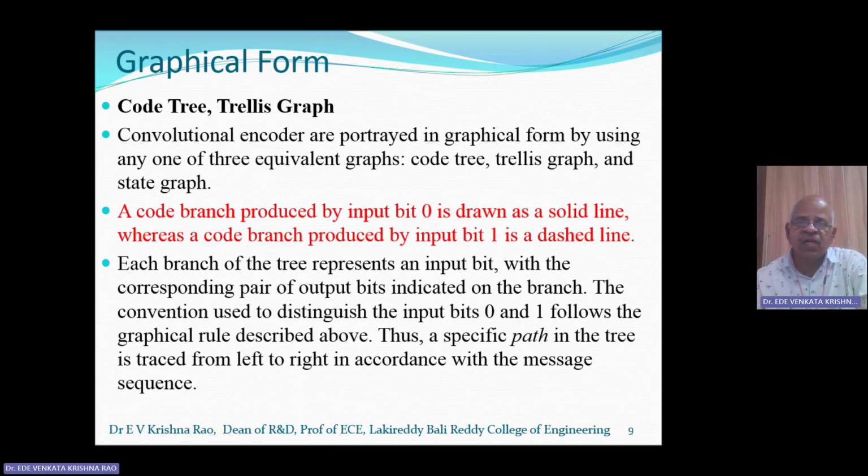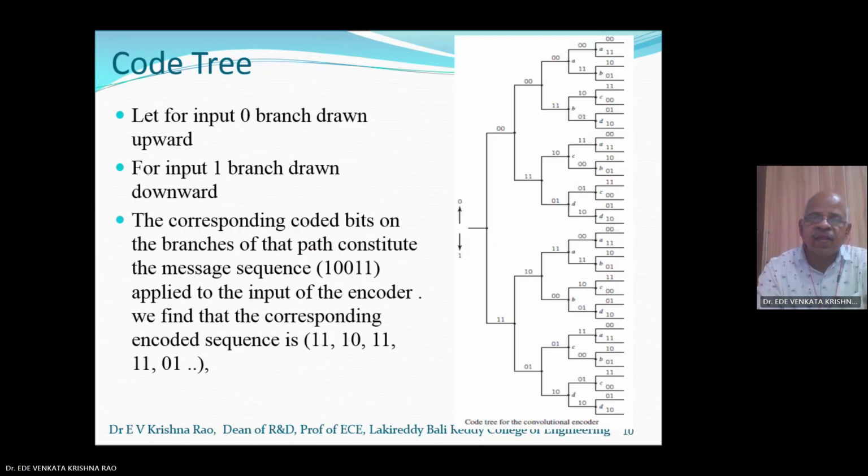So that code tree is considered by expanding. Whenever input 0 is given, the branch is split and drawn upward, and whenever input 1 is given, that branch is drawn downward.